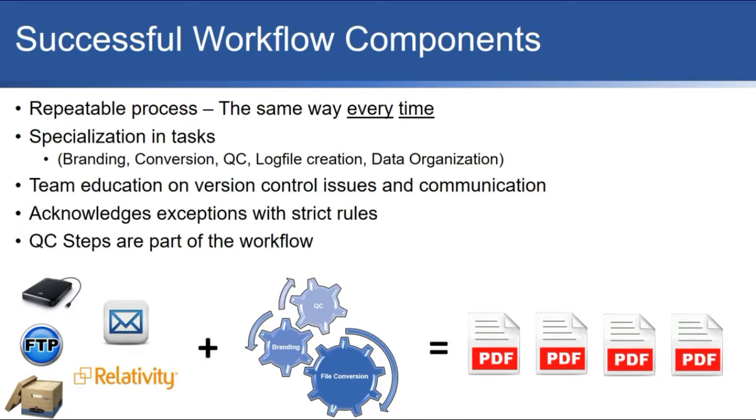You want specialization in tasks so that any details of the trial management order instructions on exhibit branding or unitization are followed to a T. You need to, again, educate your team on version control issues and communication. It needs to acknowledge exceptions with strict rules, and QC steps definitely have to be part of the workflow.